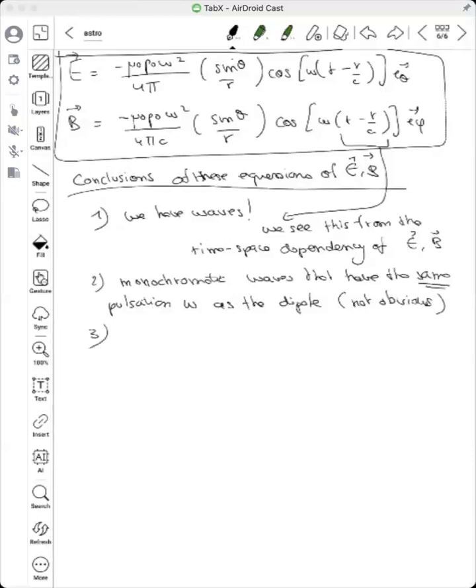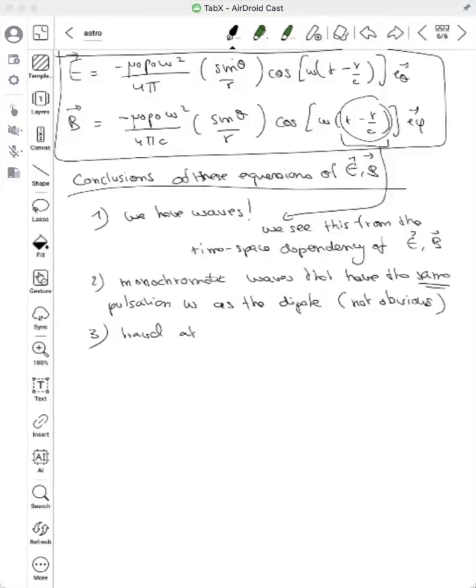Third conclusion, still from this dependency here, you can tell me how fast these waves travel, right? Remember, we spoke about the fact that for a wave that travels at velocity v, the time dependency is t minus r over v. So from this time dependency, I see that these waves travel at the speed of light. Now here I'm cheating a bit.